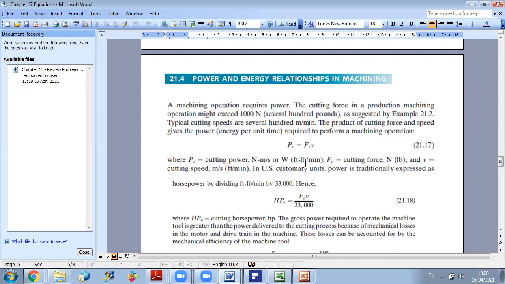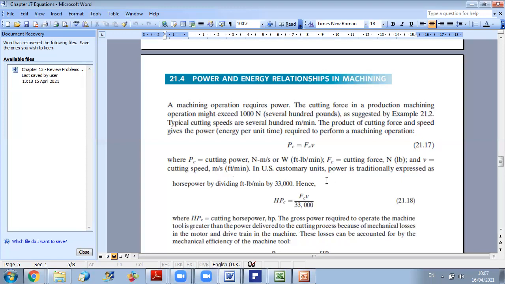Now you can work also in English units. In English units, instead of having watt, your unit will be ft·lb per minute. In this case, the cutting force should be expressed in lb, and the cutting speed should be expressed in feet per minute. And also a unit that is widely used in the English system is horsepower.